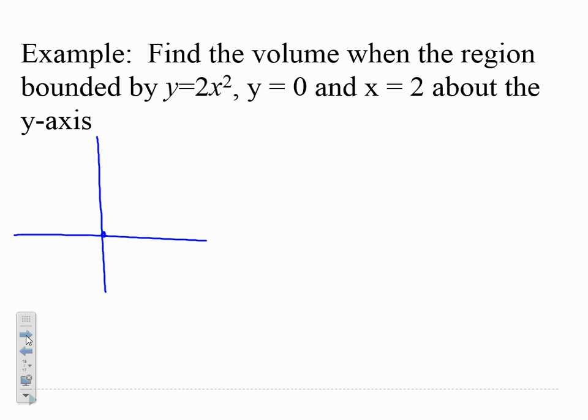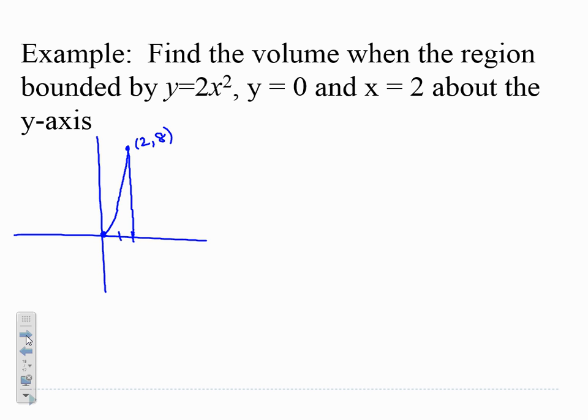A skinnier parabola. Y equals 0 and then x equals 2. That look about right? I didn't draw the rest of the parabola because it doesn't matter. What is that top coordinate? This coordinate would be 2, 8.